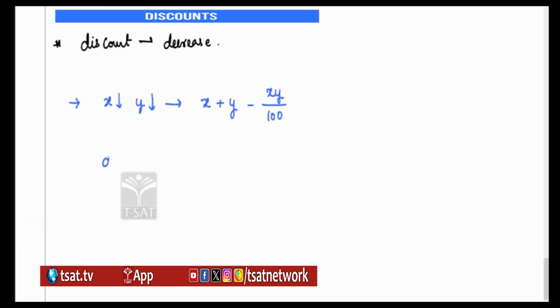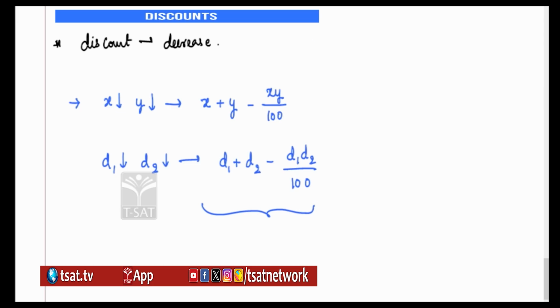In the same manner, if I allow 2 discounts, D1% decrease followed by D2% decrease is D1 plus D2 minus D1 into D2 by 100. This is the single discount equivalent to a discount series of D1 and D2. Instead of giving D1 and D2, you can also give D1 plus D2 minus D1 D2 by 100. Both of them are same.